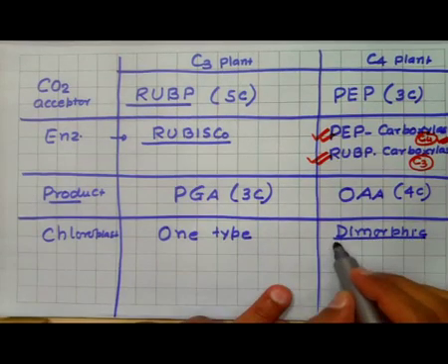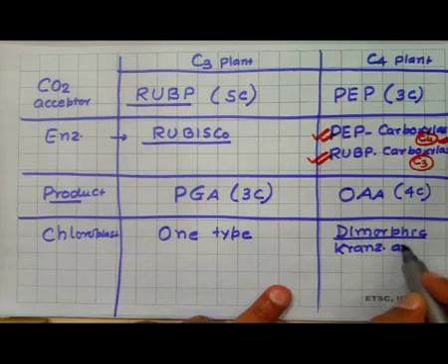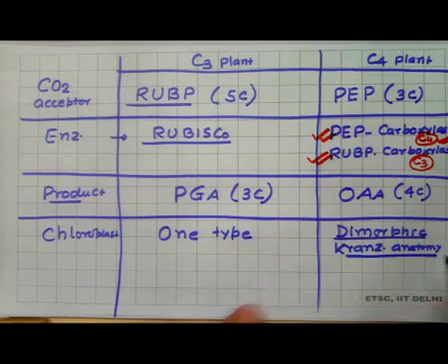Dimorphic nature, that shows the Kranz anatomy, because here the vascular bundle is covered by bundle sheath cells.